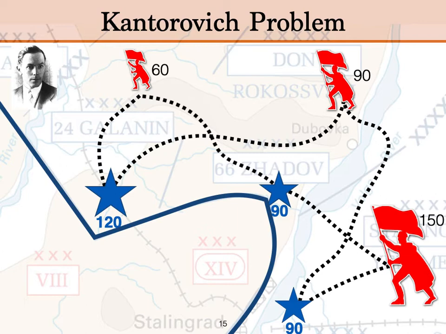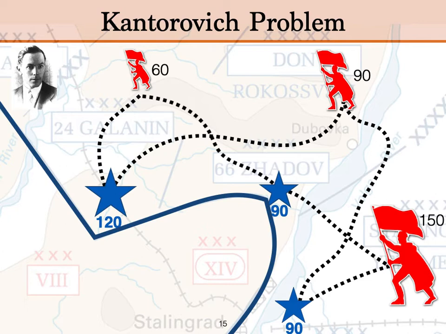There might be, for instance, 60,000 soldiers up on the left, 90,000 up on the right, and 150 in the lower right of the screen. But you want them in a different place right now because you need them on the front line. You want 120 of them on the left, 90 in the middle, and 90 in the bottom.